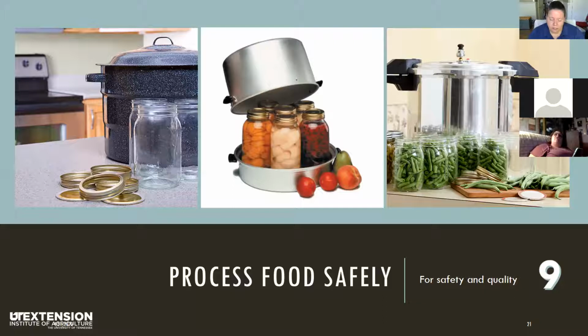Most people will use either the water bath canner or the pressure canner. The water bath canner is for boiling, so it reaches 212 degrees Fahrenheit, while pressure canning can get anywhere from 240 to 250 degrees Fahrenheit.